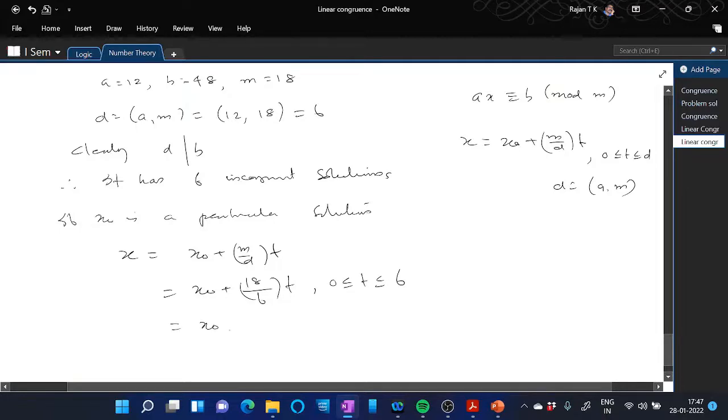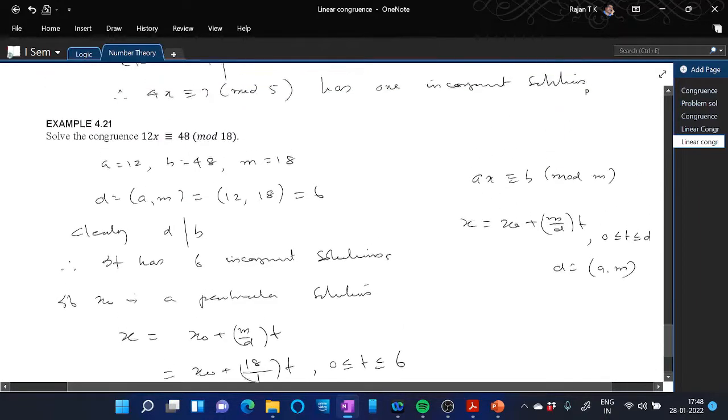That is, it is of the form x0 + 3t, 0 ≤ t ≤ 6. So a general solution of this linear congruence is of the form x0 + 3t, where x0 is a particular solution.